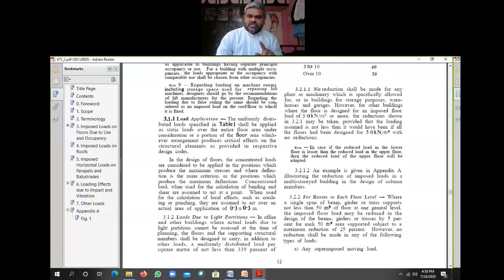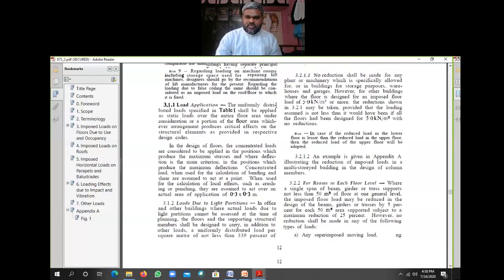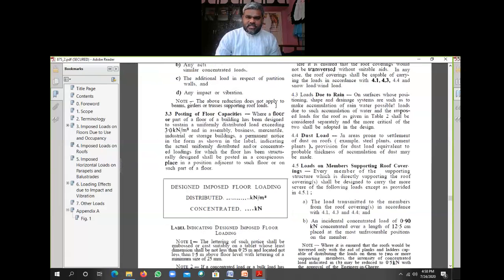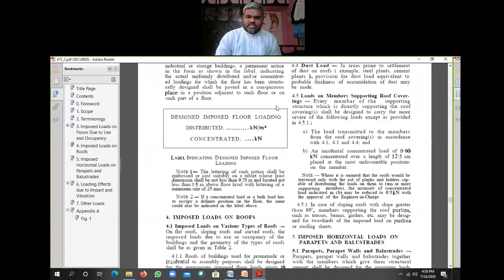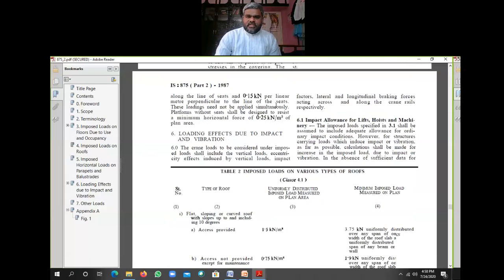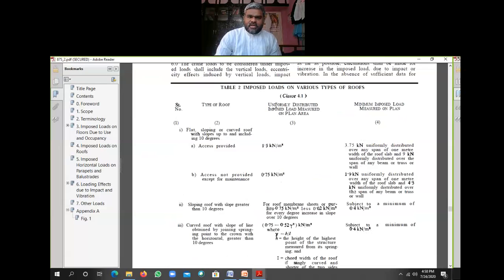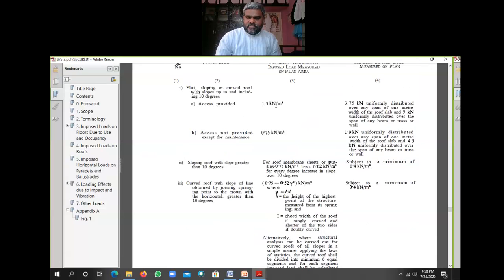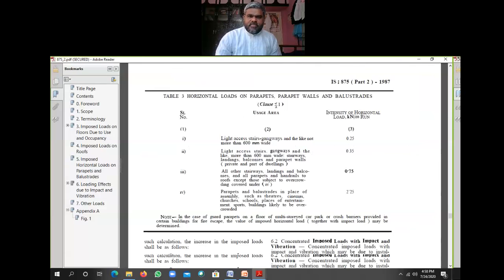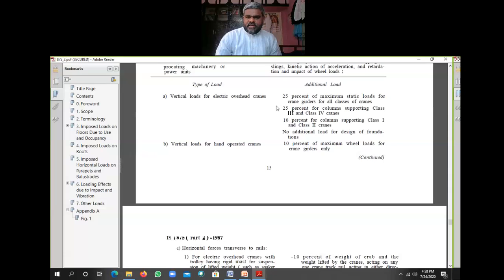Dead loads are taken from IS 875 part 1, and live loads are taken from IS 875 part 2. Collaboratively or cumulatively, we can take these as the load coming onto the building, right?